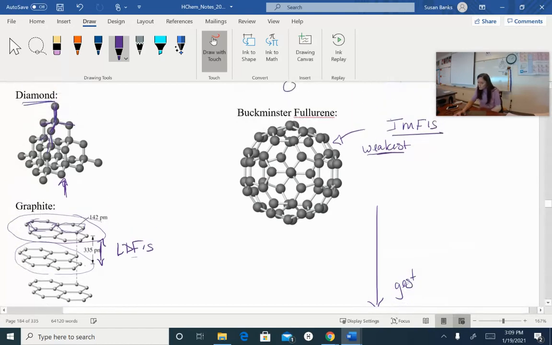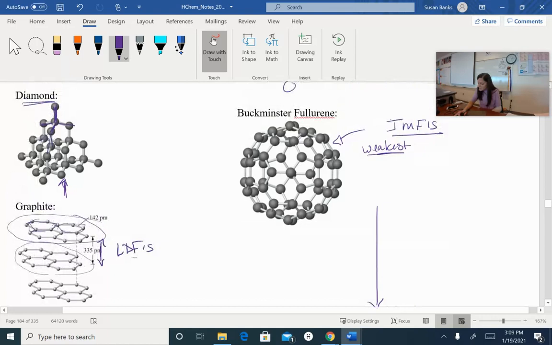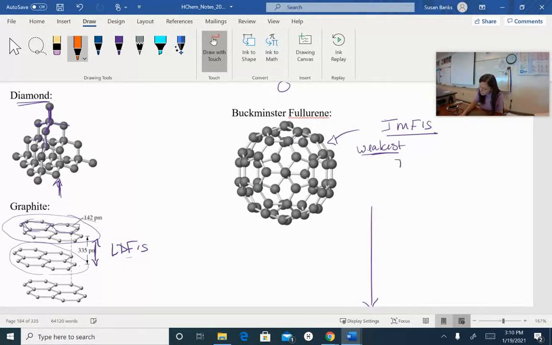Okay, so the intermolecular forces, these are the forces in between molecules, right? So our weakest ones are just the ones that deal with electrons in non-polar situations, and those are London dispersion forces. So the absolute weakest are London dispersion forces, or LDFs. London dispersion forces are the weakest.